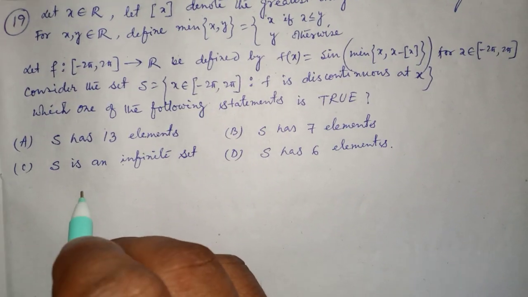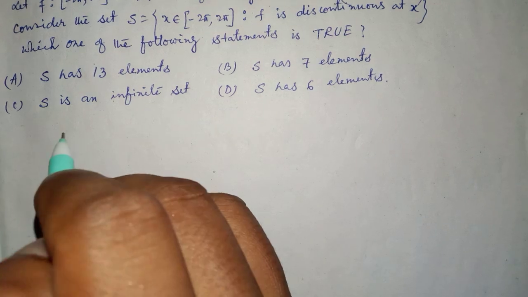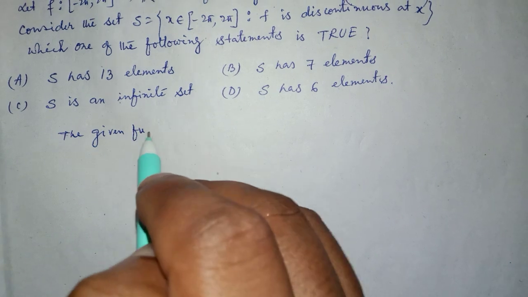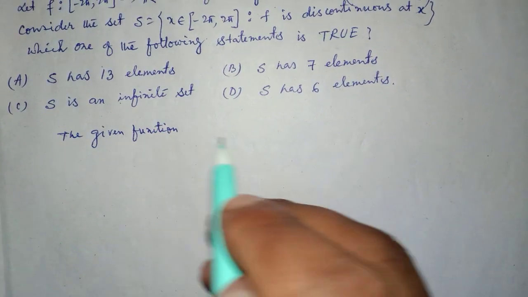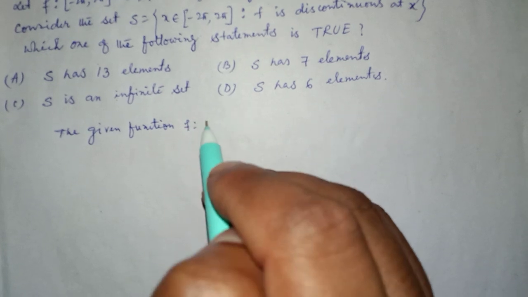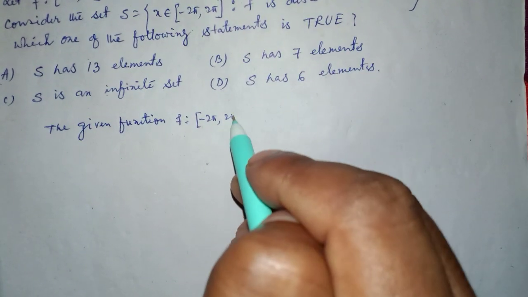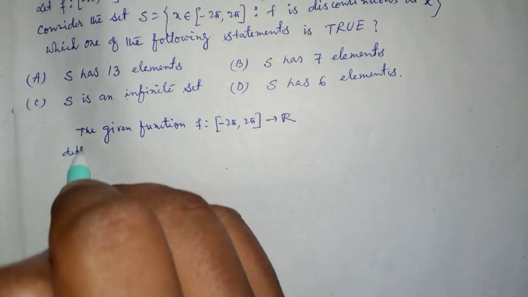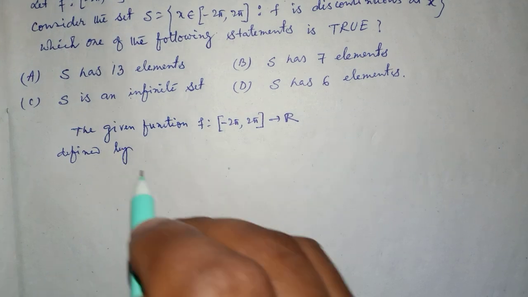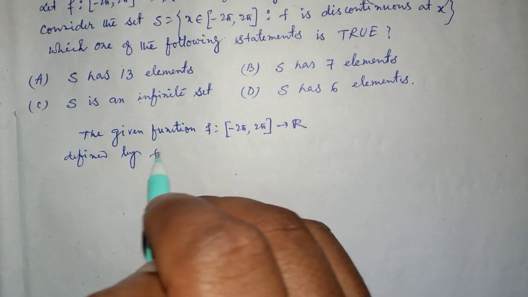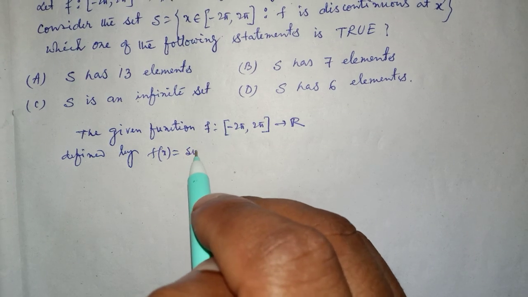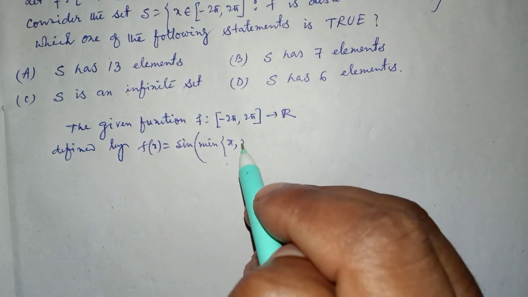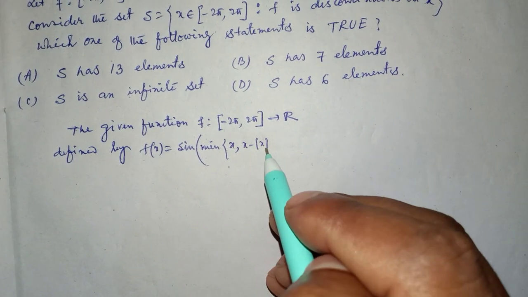The given function f from closed interval minus 2 pi to 2 pi to R defined by f of x equal to sine of minimum of x comma x minus box x.